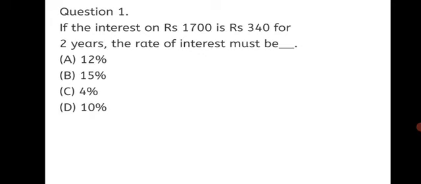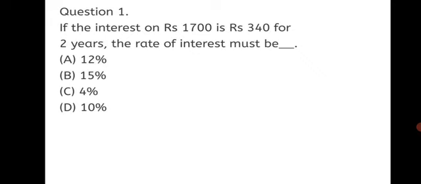In practice set 41 you will be asked to find out any of the things in the sum like rate of interest or number of years. So accordingly you will have to substitute the values in the same formula and find out the answer for whichever part of the question asked.